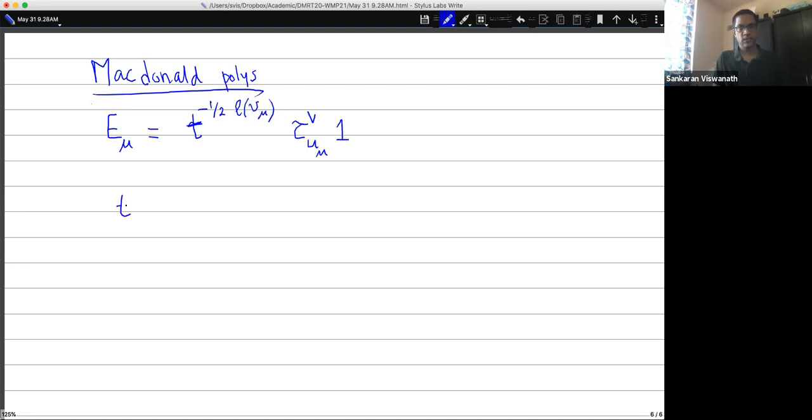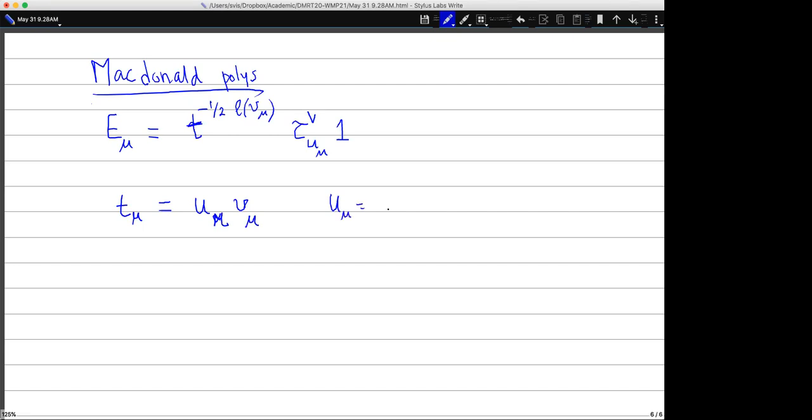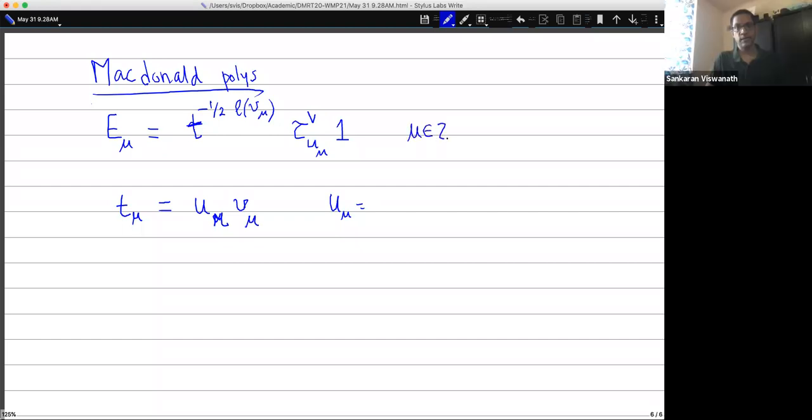So you take the translation t mu in the affine Weyl group, and you express it as a product u mu times v mu, where u mu is the minimal length representative in the corresponding coset. Sorry, once again here, mu is in Zn. Yes.